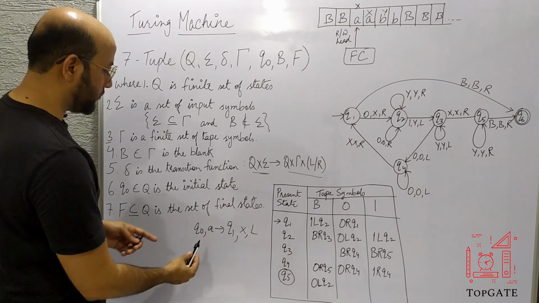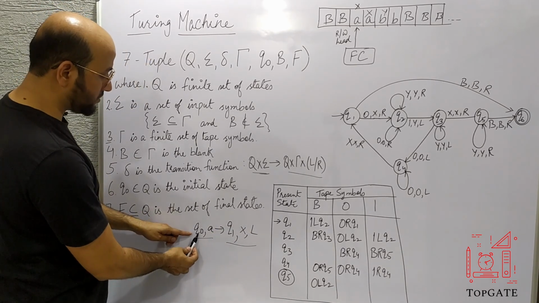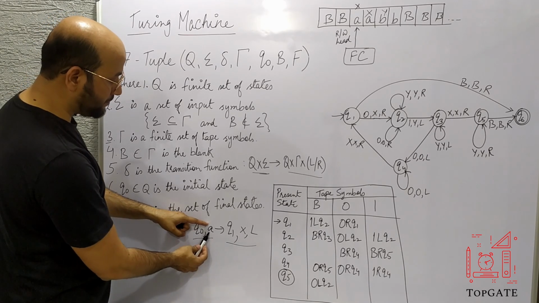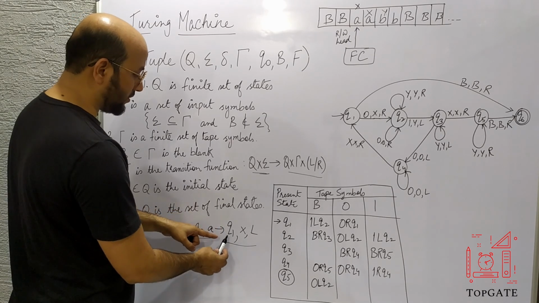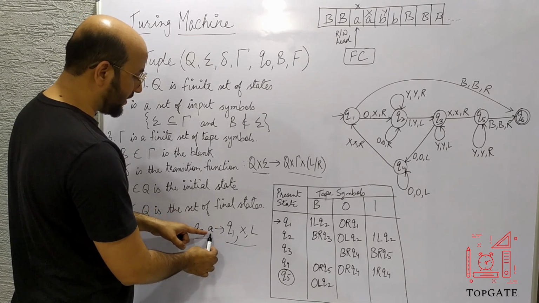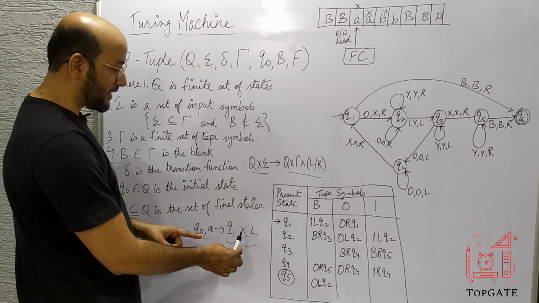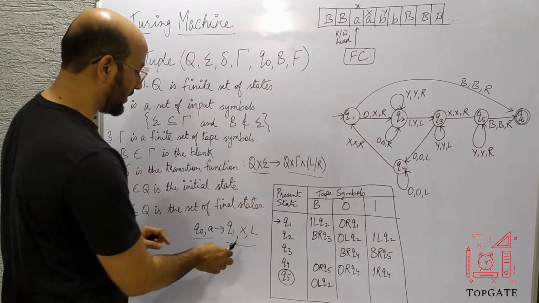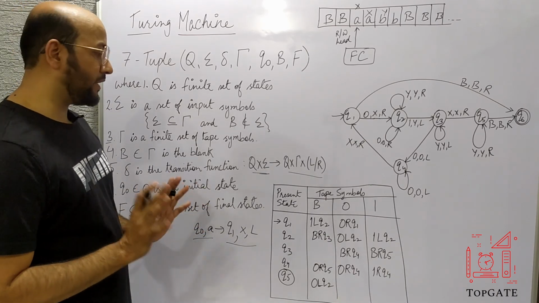That is your input part, and this is your output part. So we are working on state Q0, we read input A, then we reach state Q1, change the input A to X, and the direction of the read-write head is to the left. So the transition function tells how to move from one state to another.